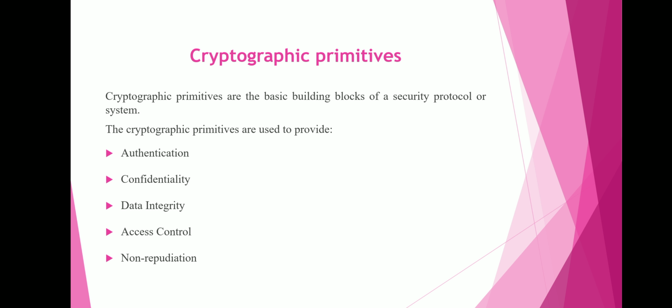Let me define confidentiality. Confidentiality is also one of the security services, which is used to keep the information confidential. Whenever we are transmitting data from the sender to the receiver through the network, we need to keep the data secure. So how can this confidentiality be achieved?